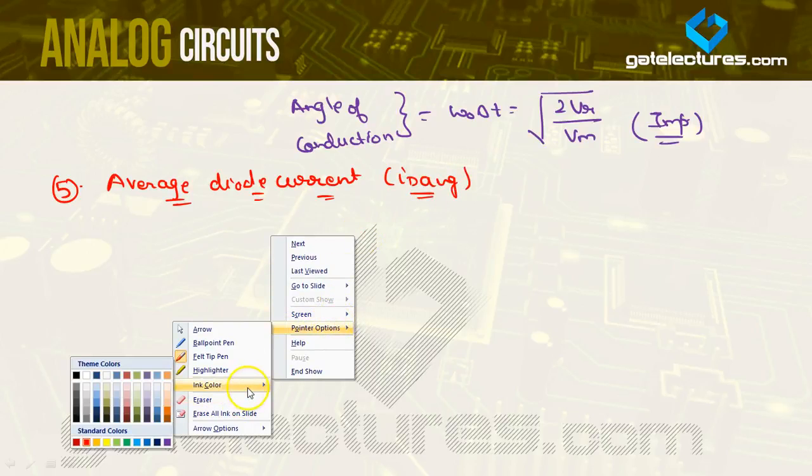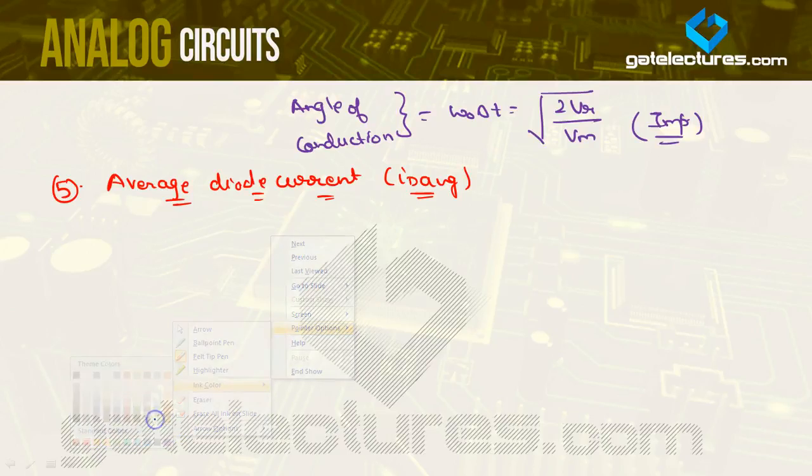So in the half wave rectifier, when we did not connect the capacitive filter at the output, your diode average current was also equal to the average current flowing across the resistance RL. But in this case, it won't be the same. It will be different.